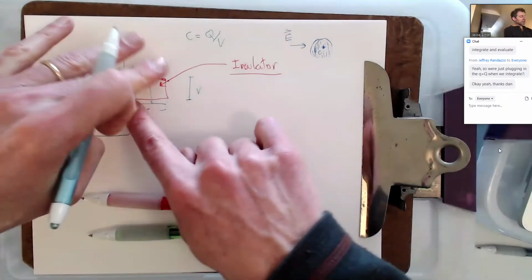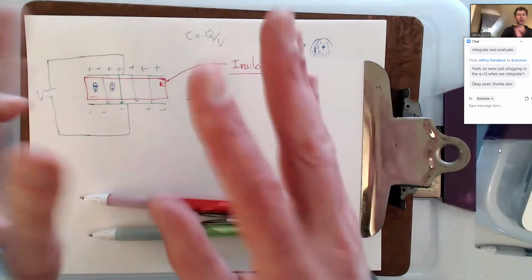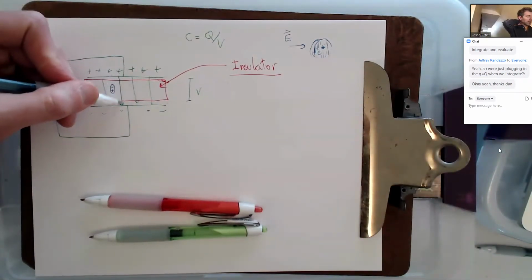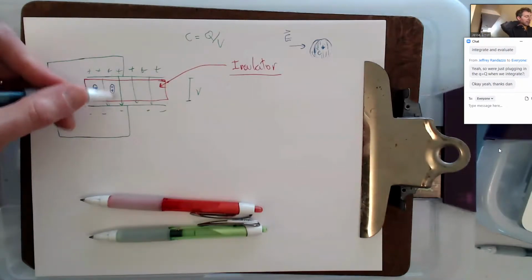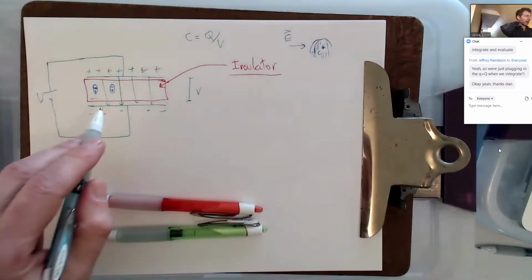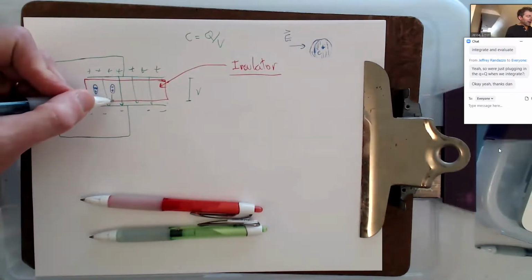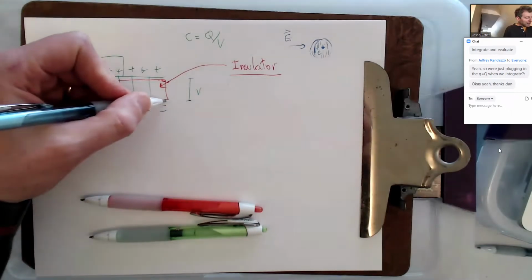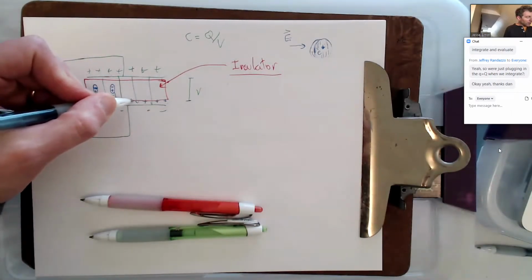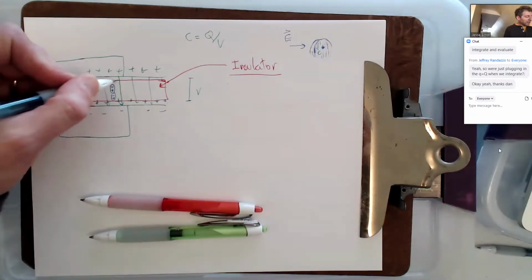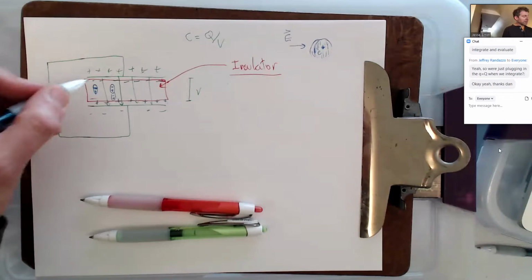Now before this, if this field weren't here, they're just aligned in all random directions. But because you have an electric field pointing this way, these things line up to some extent, and the material will tell you how much they line up. And so you'll wind up with basically an effective leftover positive charge at this surface and a negative leftover charge at this surface.